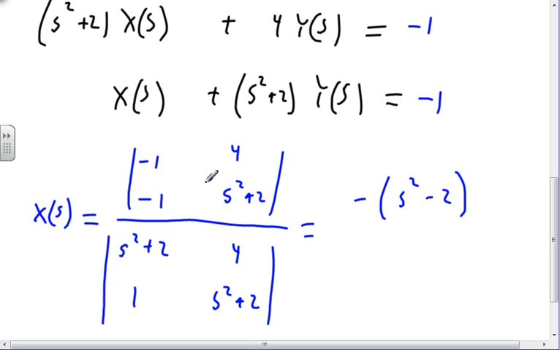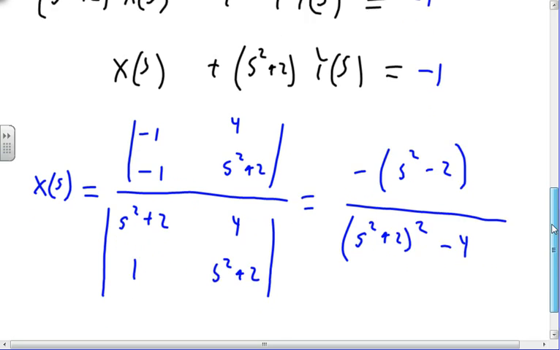Okay, so I got minus s squared minus 2 plus 4. So that'd be a minus s squared plus 2. Okay, so that looks good. On the bottom, I have s squared plus 2 squared minus 4. Okay.